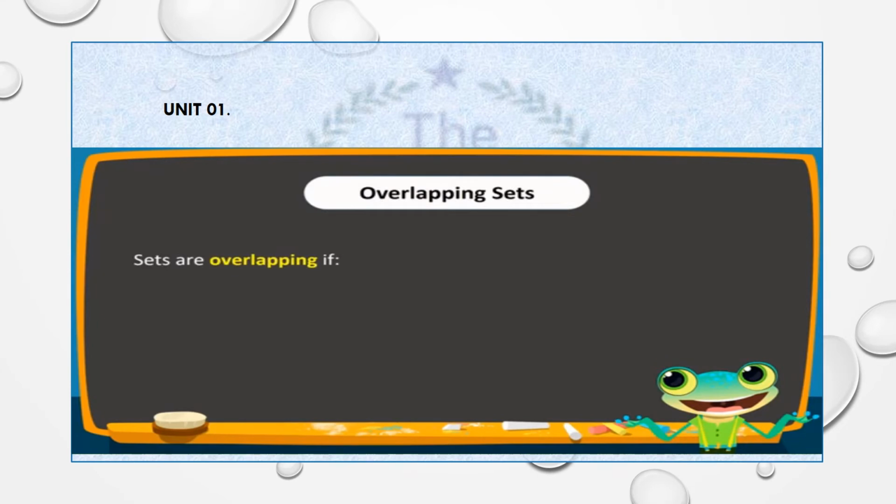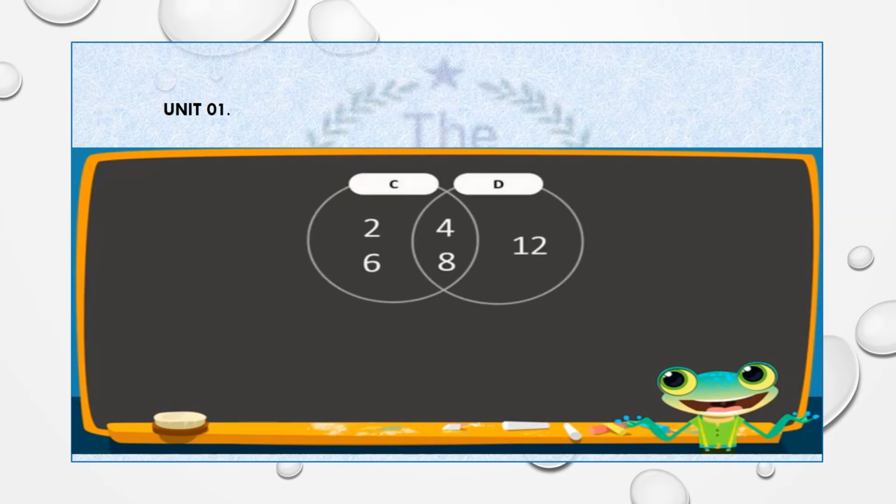Two sets A and B are overlapping if they satisfy two conditions. At least one element is common to both sets, and neither is a subset of the other. Consider these sets of numbers. Set C contains 2, 4, 6, and 8, while set D contains 4, 8, and 12.